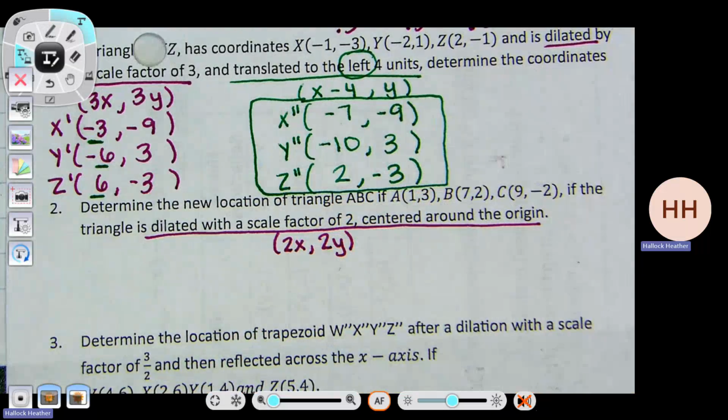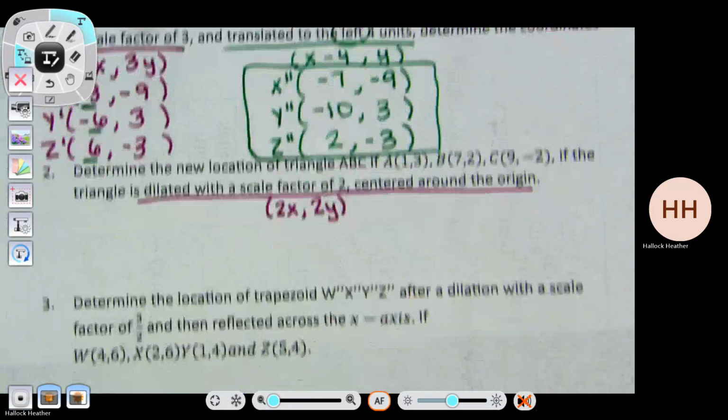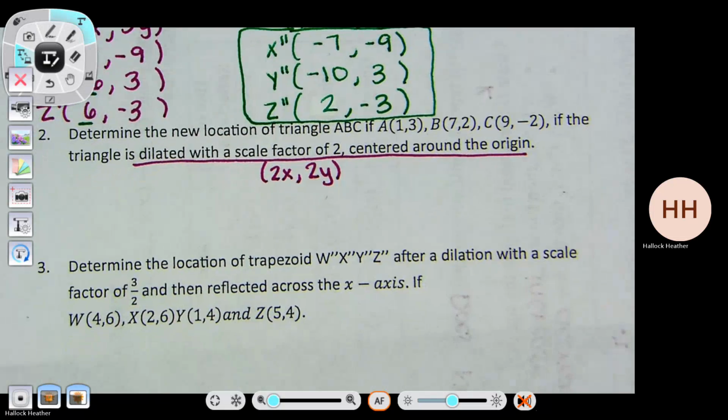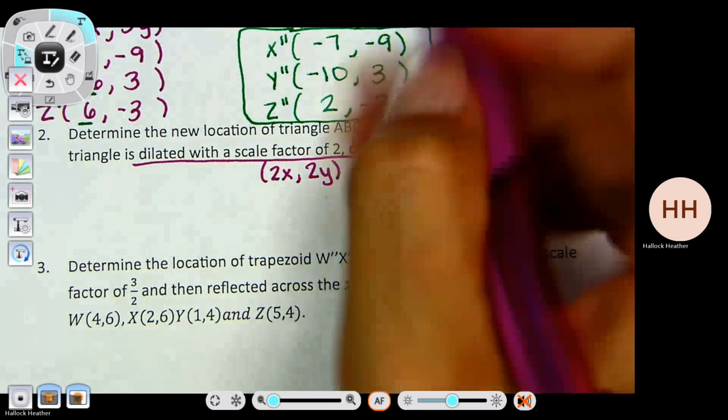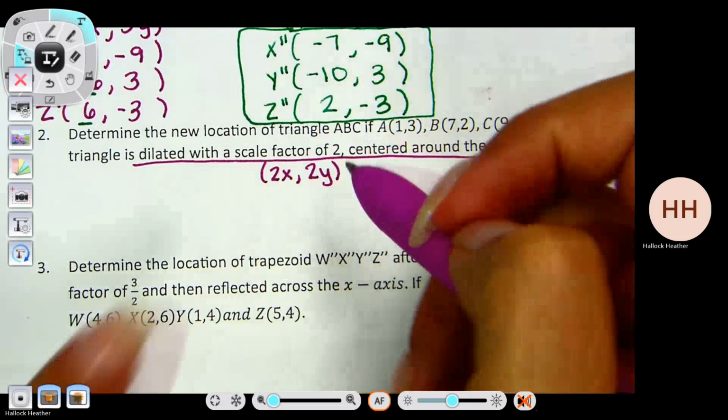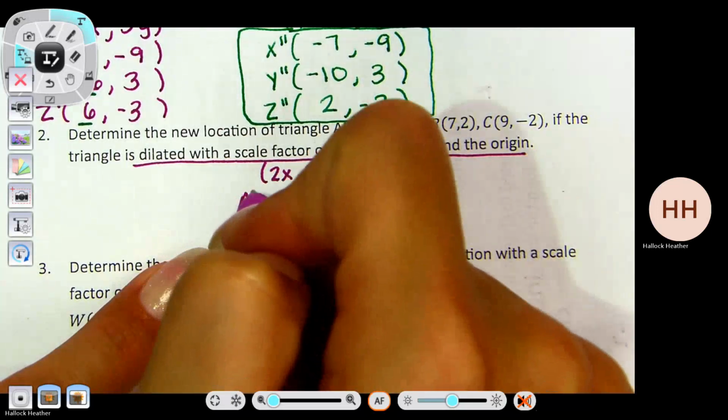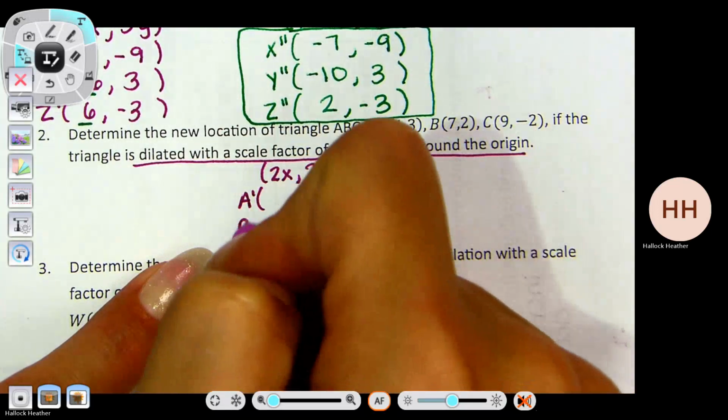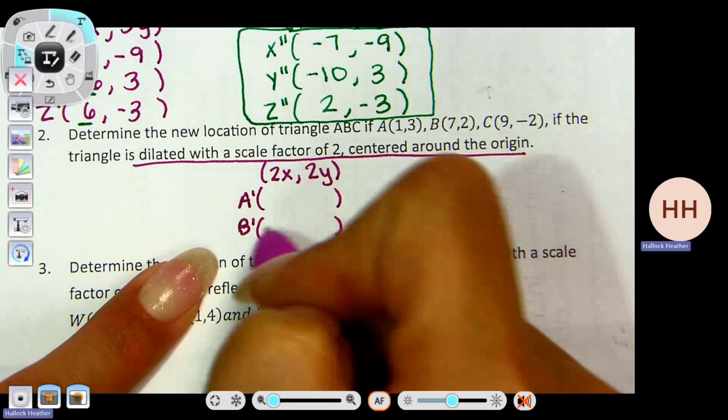So take a second, find your coordinates. It's getting larger. Multiplying by 2. Easy peasy. These numbers end up big.